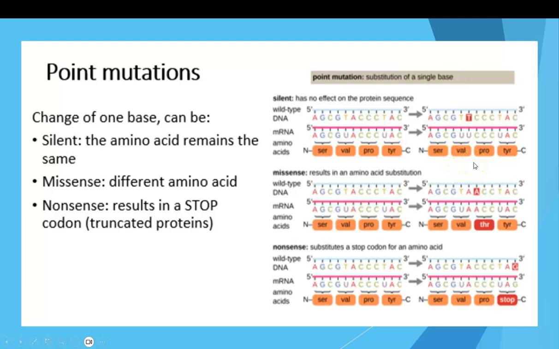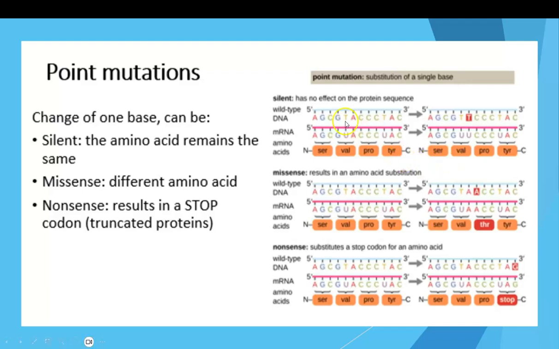The first type of mutation I call a kind of good mutation. The DNA changes and the messenger RNA changes, but if you remember, the codons are redundant. So even though the codon has changed, that codon can still encode the same amino acid.